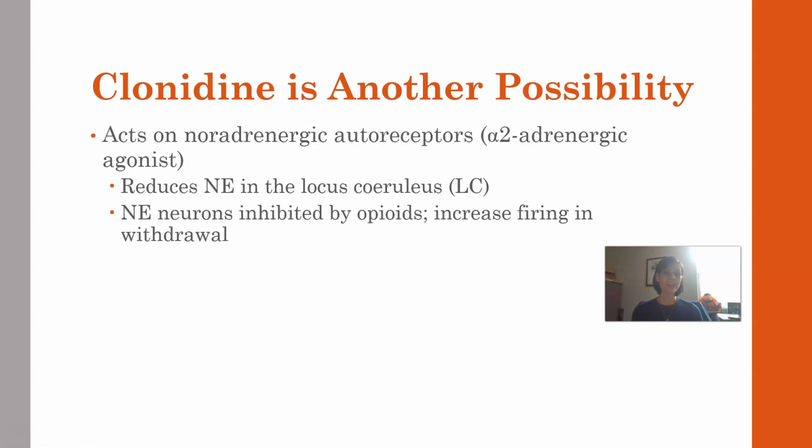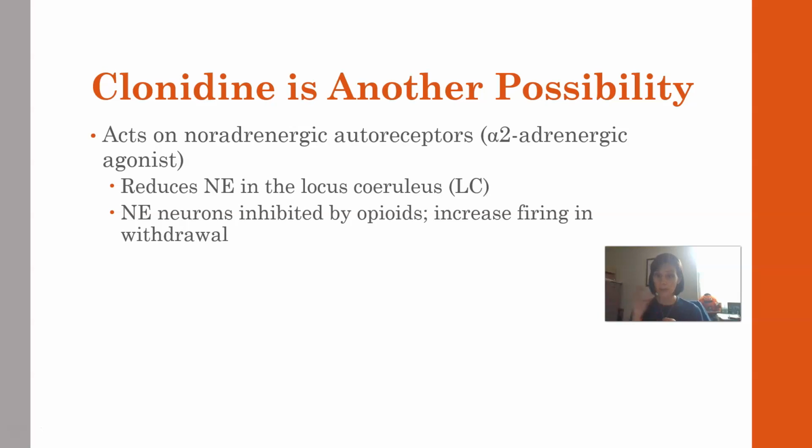And what we find is that oftentimes you would want to reduce norepinephrine here because norepinephrine typically gets inhibited by opioids, and during withdrawal, norepinephrine releases at a very high rate, activating the sympathetic nervous system and causing a lot of scary withdrawal effects.